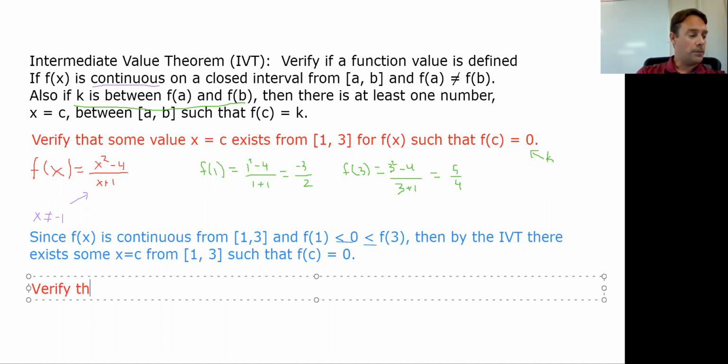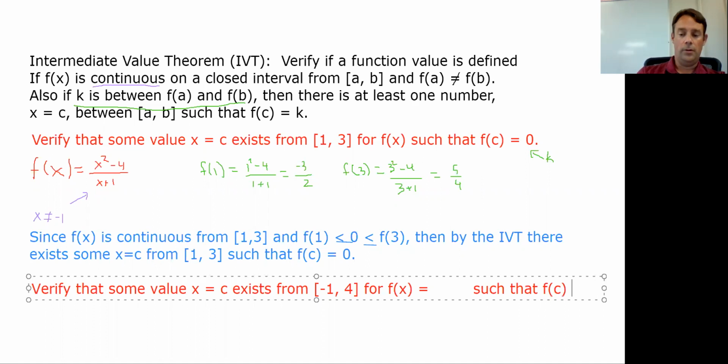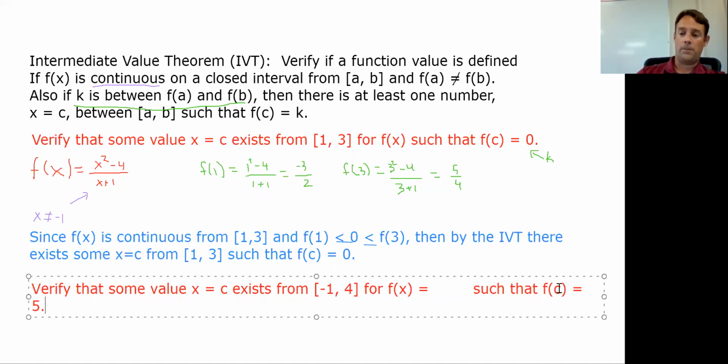Verify that some value x equals c exists from -1 to 4 for f of x equals, and I'll tell you what it equals here in a second, such that f of c equals 5.